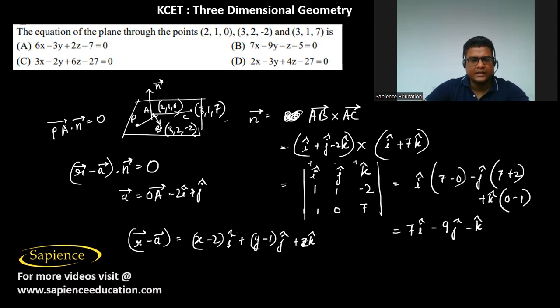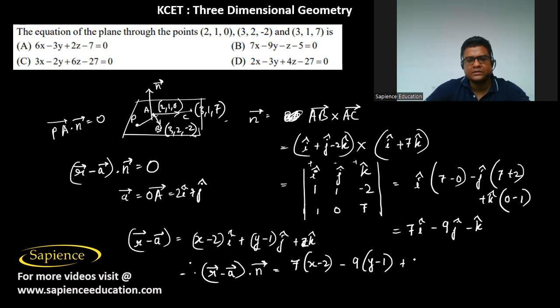So therefore R vector minus A vector dot n vector will be equal to 7 into x minus 2 minus 9 into y minus 1 plus z into minus 1, that will be equal to 0.